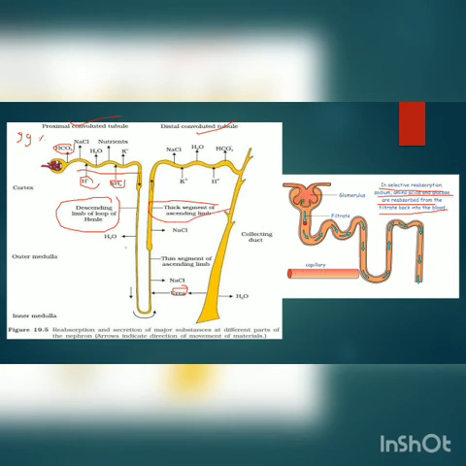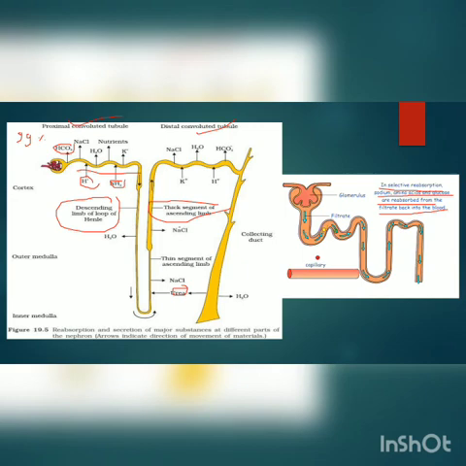So reabsorption is minimum in the ascending loop of Henle. However, this region plays a significant role in maintenance of high osmolarity of medullary interstitial fluid, क्योंकि ये medulla में located होता है. So it plays an important role in the maintenance of high osmolarity of medullary region.